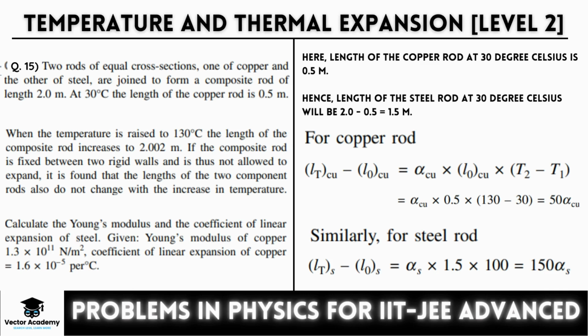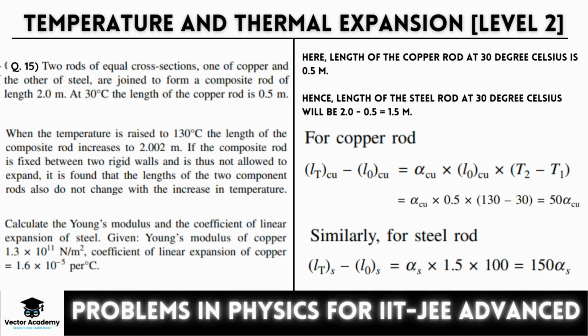Similarly, for steel rod, change in length, Lt minus L0, when the temperature is raised from 30 degrees Celsius to 130 degrees Celsius is given by coefficient of linear expansion of steel alpha S multiplied by L0 of steel multiplied by change in temperature.